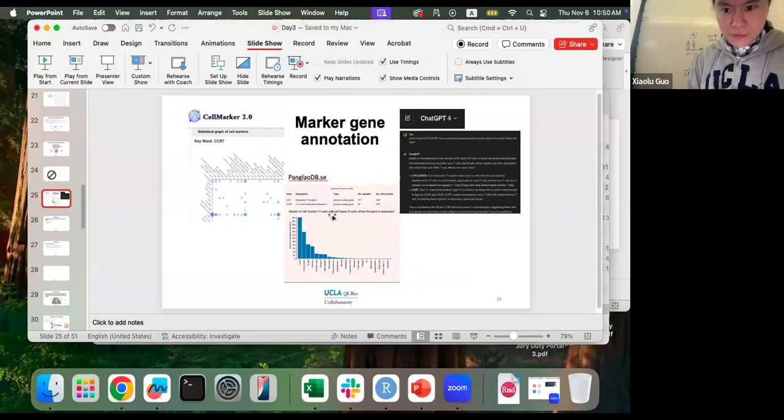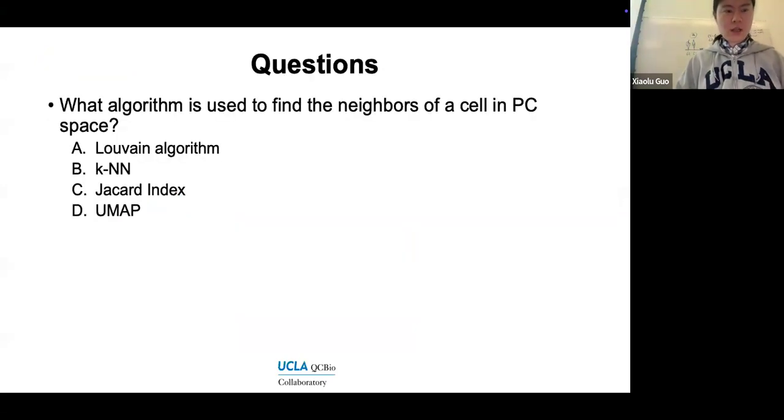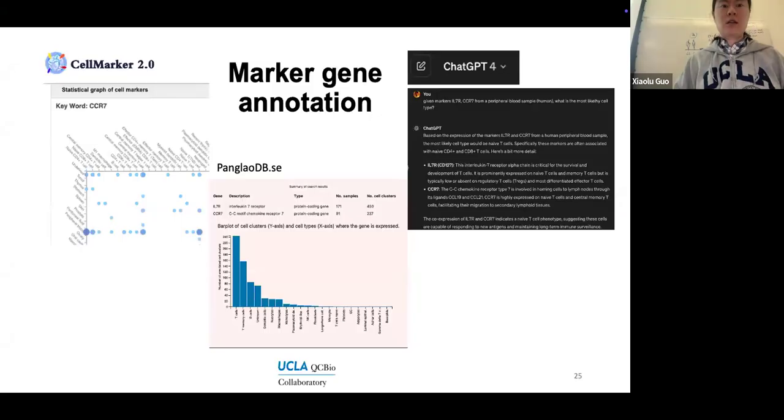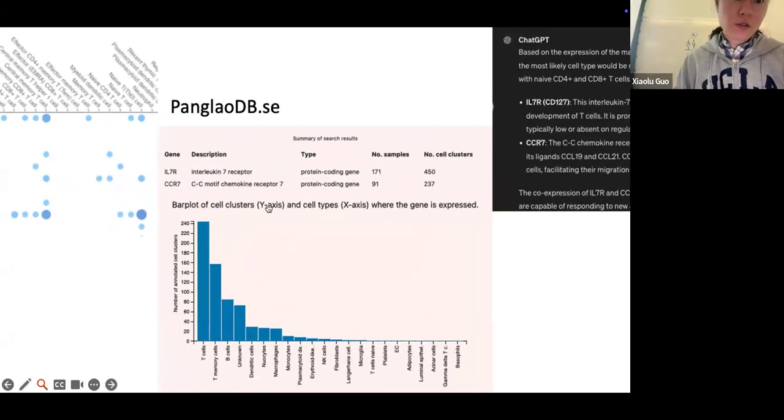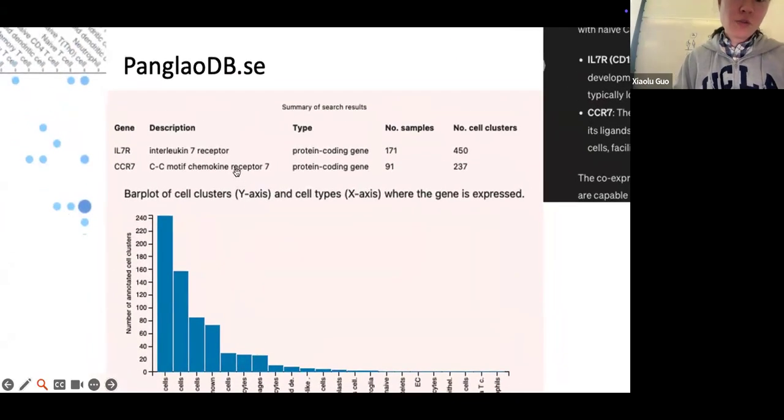How do you identify the cell types? You can list some tools like CellMarker 2.0, marker gene annotation, and ChatGPT, etc. So what is the input data?